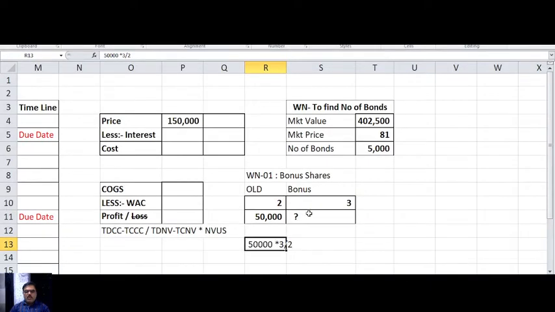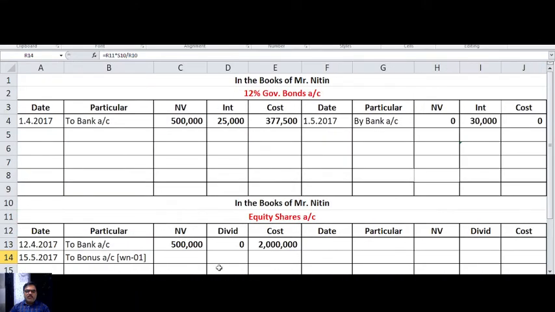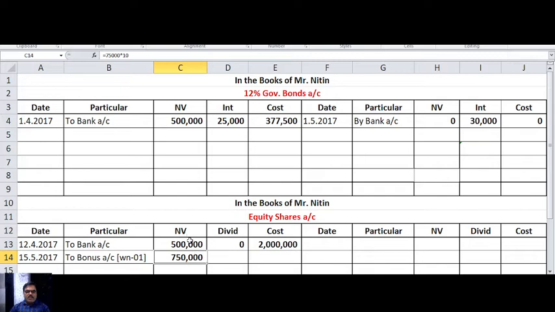That is 50,000 multiplied by 3 divided by 2. It comes to 75,000. So here bonus shares is 75,000. So 75,000 multiplied by 10 in the nominal value column, that is 7,50,000. Dividend 0, cost 0. Dear student, remember this 0, because you don't have to record anything in the cost, because bonus shares are always free of cost.